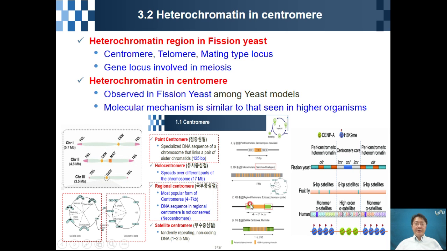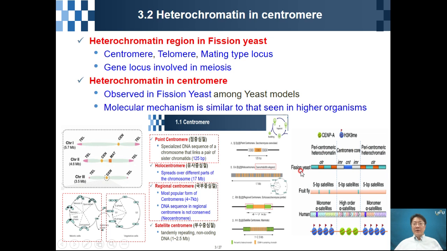But you see here in the center there is the CENP-A binding region, and next to the CENP-A binding region there is a heterochromatin region. Okay, so this is the fission yeast centromere.